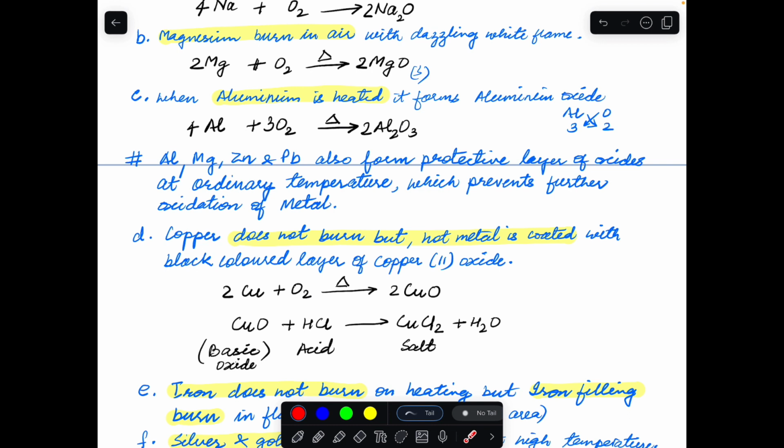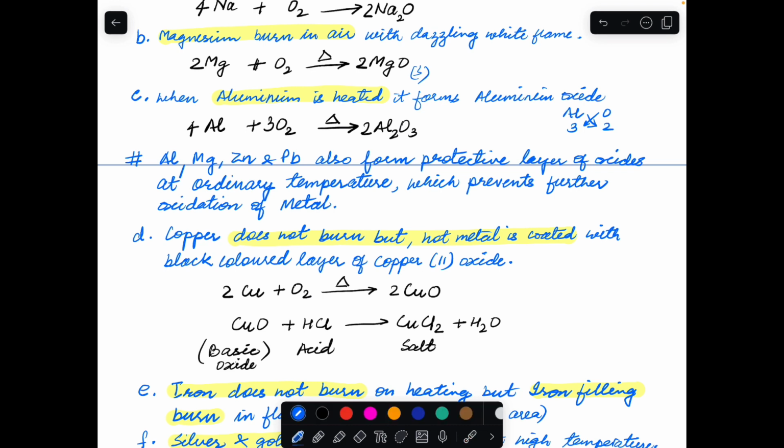Next, copper. Copper will not burn if you heat it. But if we heat it strongly for a long time, the metal develops a black coating on its surface, and this coating is copper(II) oxide. Copper(II) oxide means copper has valency 2. Copper can have 2 valencies.